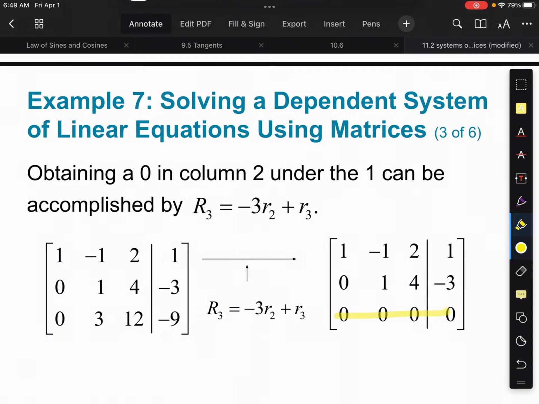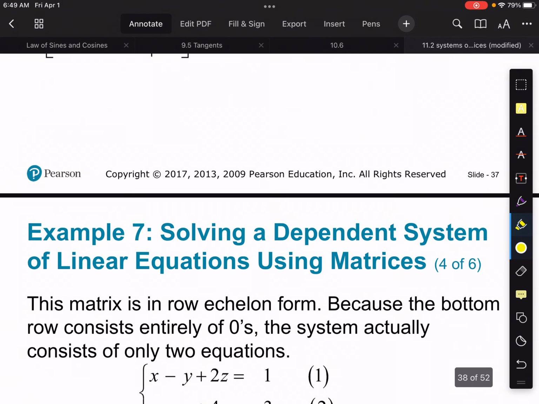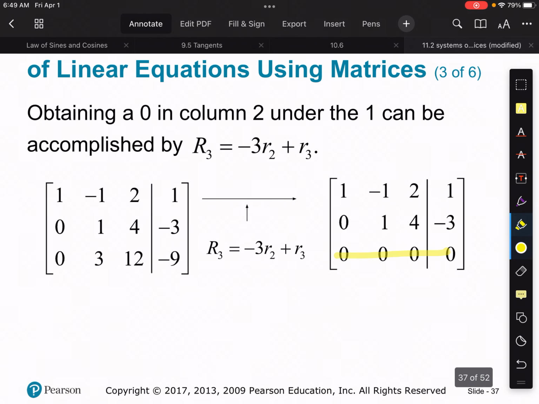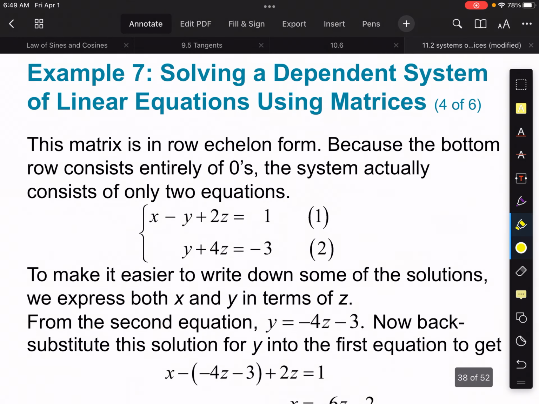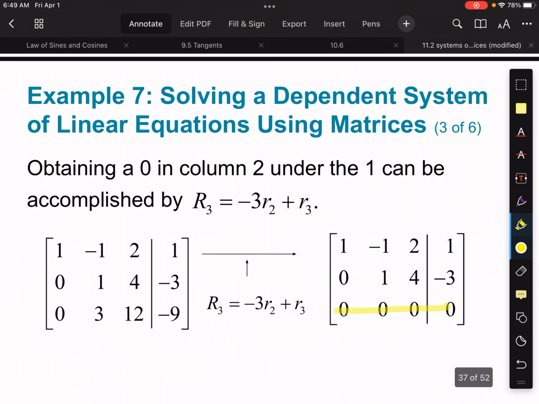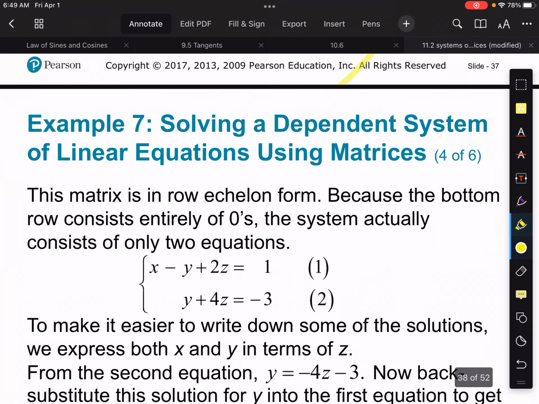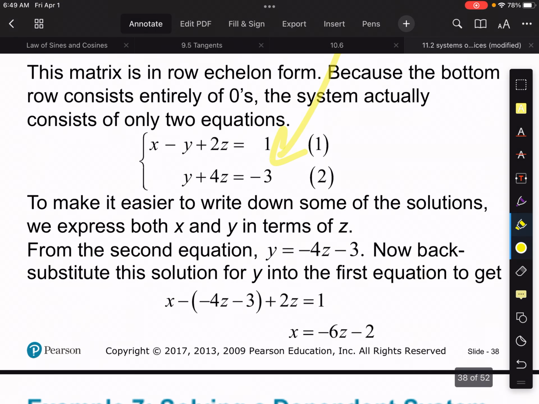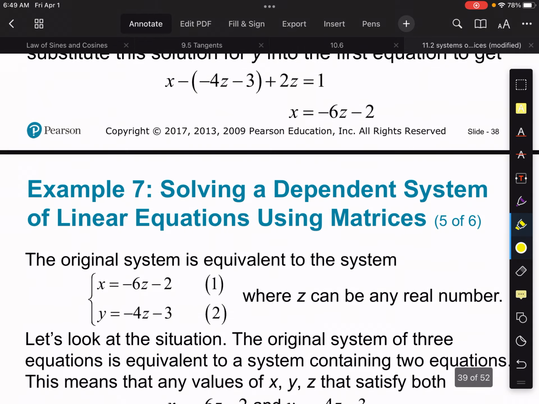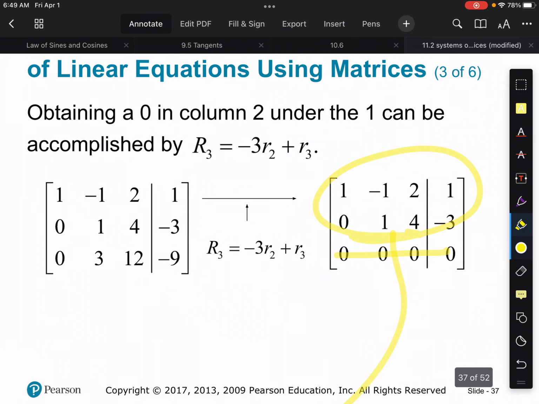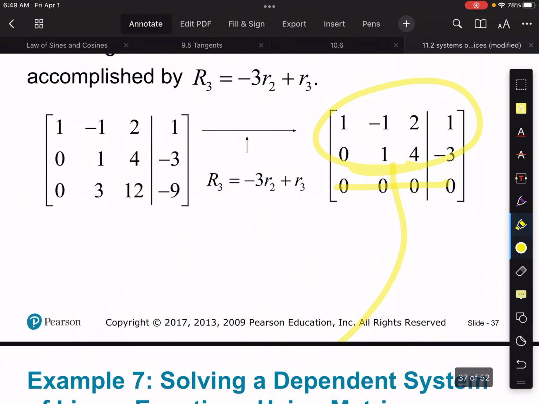So when that happens, what I like to do is just turn it back into equation form, which I think is what they do here too. You'll notice they took this and turned it into equation form and then solved, using a substitution it looks like. That's totally valid, and I would encourage you to do that if you get all zeros: turn it back into equation form and then solve, see what's left.